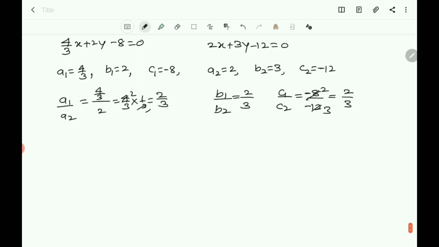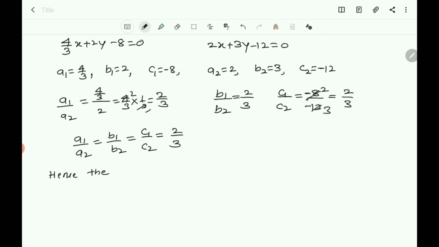So you can have here a1 by a2 is equal to b1 by b2 is equal to c1 by c2, that is equal to 2 by 3. Therefore the given lines are coincident here. Here also the given lines are coincident, as a1 by a2 is equal to b1 by b2 is equal to c1 by c2.